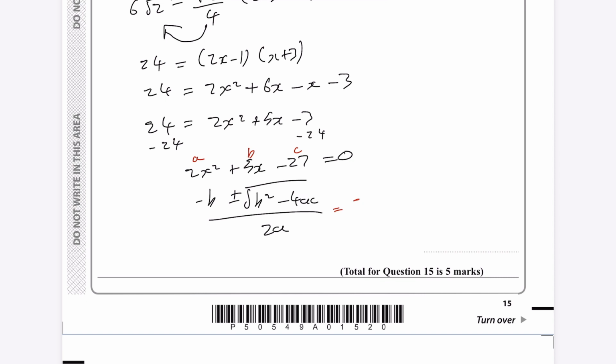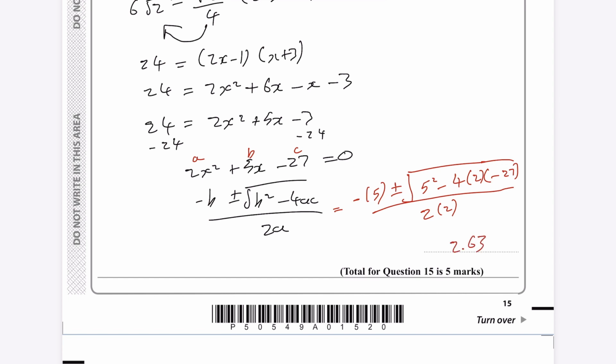So that'll be minus b, which is 5, plus or minus root 5 squared minus 4 times a times c, which is minus 27, over 2a, which is 2 times 2. The positive value you get out of that is 2.63 to 3 significant figures.